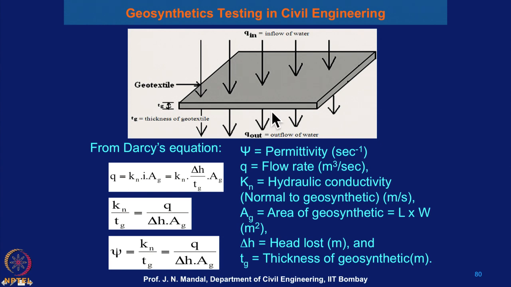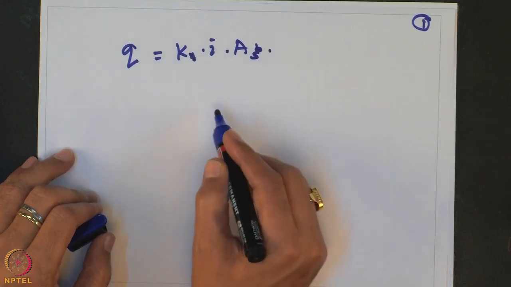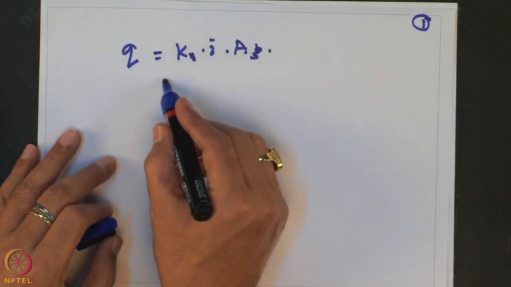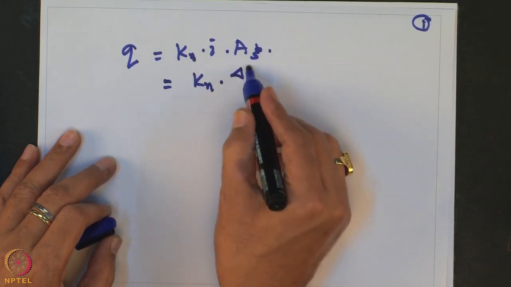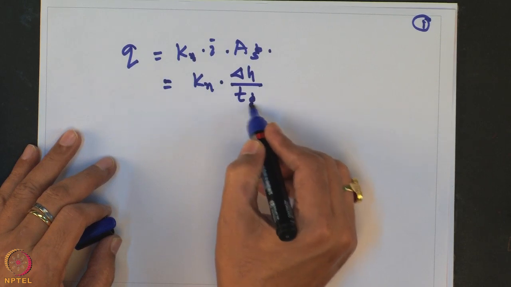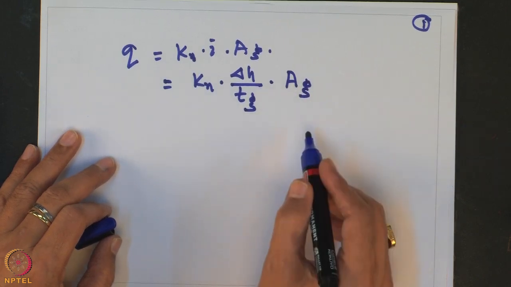So, for the permittivity of the geosynthetic material, from Darcy's equation I can write Q = k_n · i · A_g. Here i = Δh / t_g, where t_g is the thickness of the geosynthetic material and A_g is the area of the geosynthetic.